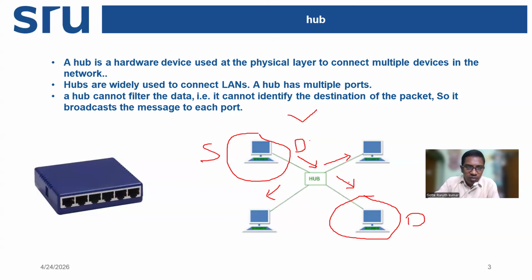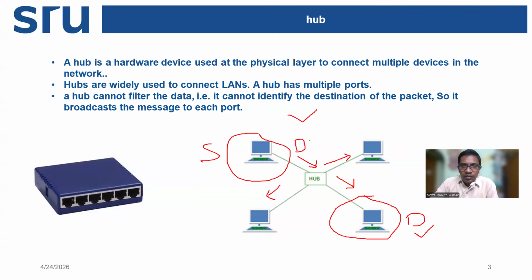That message is delivered to all systems which are connected to the hub. But actually, this message is destined to only this destination system. But the hub cannot identify the exact destination system that the message should be delivered to. That's why this hub is generally known as a non-intelligent device.